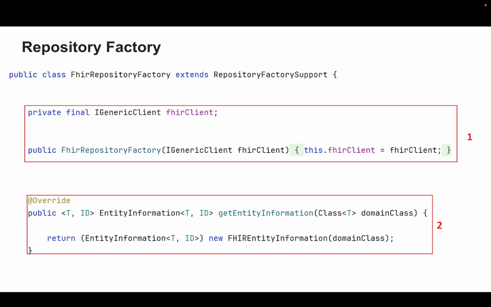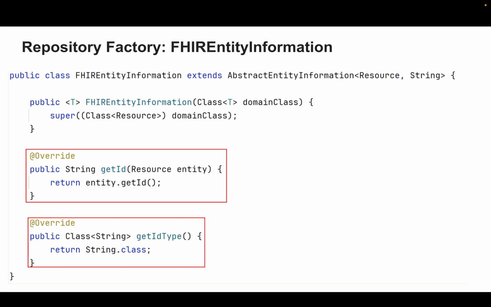Besides that, it also should provide information about the entity for the Spring context. The entity information, in our case the FHIR entity information implementation, is the container that holds the type of ID the entity has and the value of this ID. It actually can be used when we determine whether our entity is new or not.